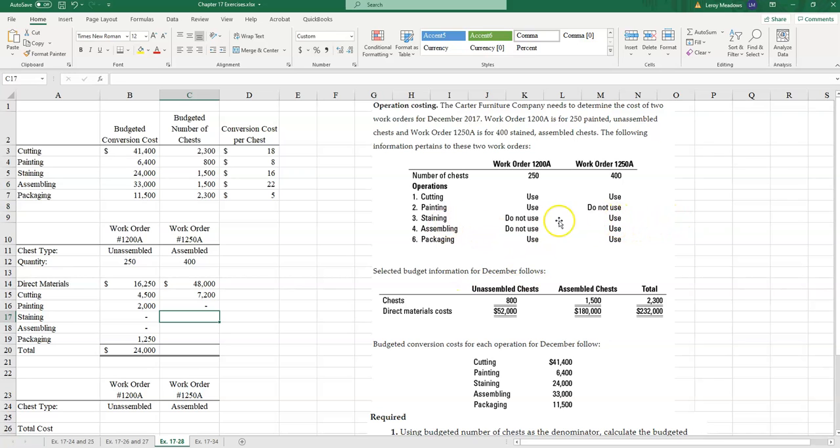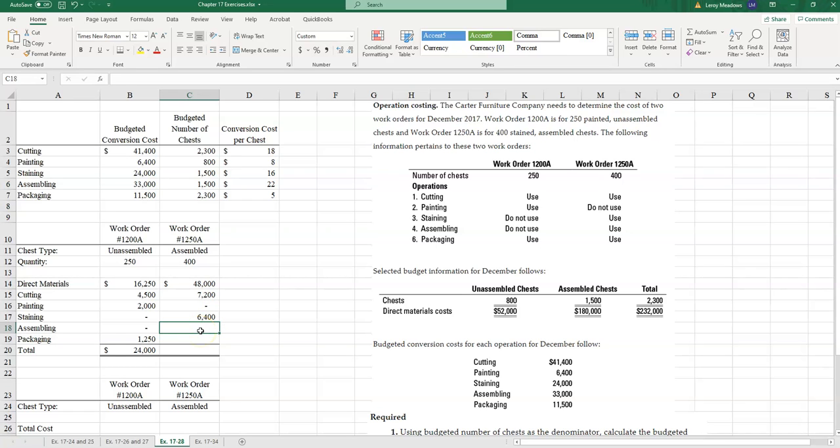Yes. This work order will require staining, so we're going to take those 400 units that need to be assembled and multiply that by my staining conversion cost per chest. And that will give me $6,400 worth of conversion costs associated with the staining operation.